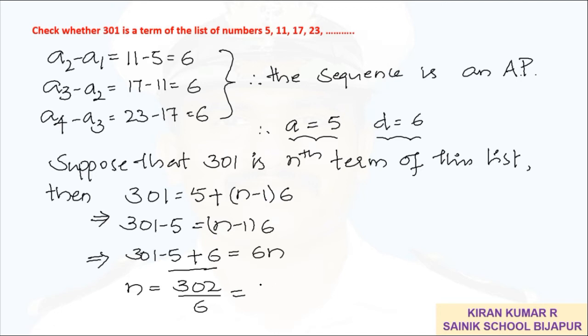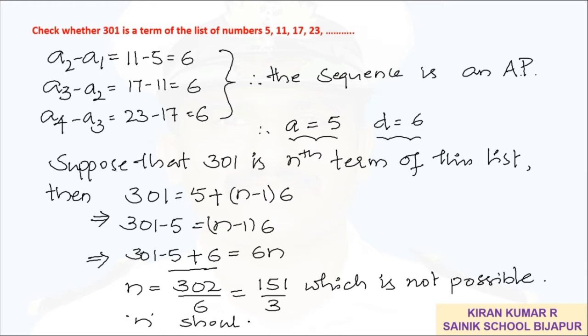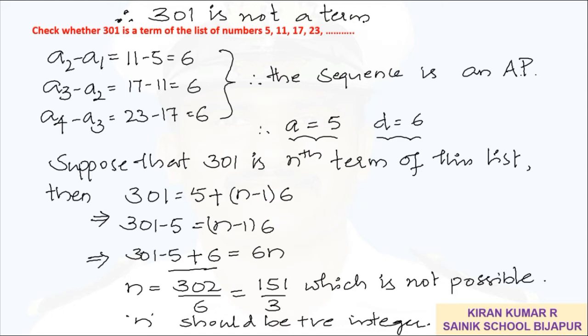On further simplification, I'll get 151 upon 3, which is not possible. I am not getting a positive integer here. n should be a positive integer. So I can conclude that 301 is not a term of the given list.